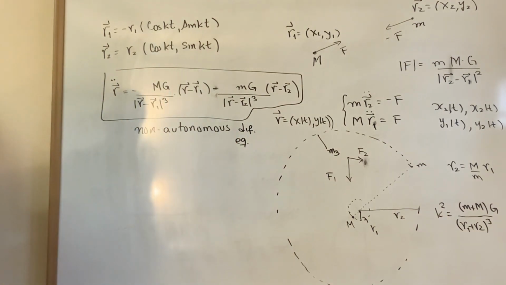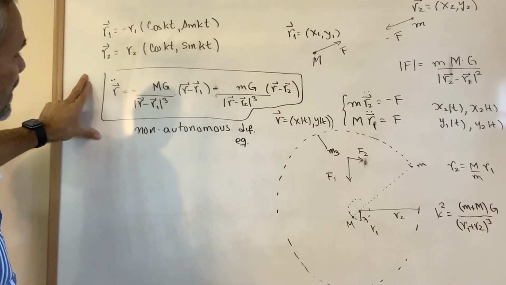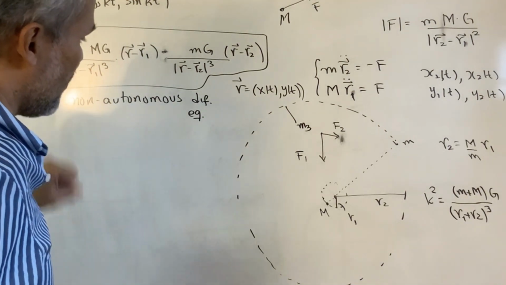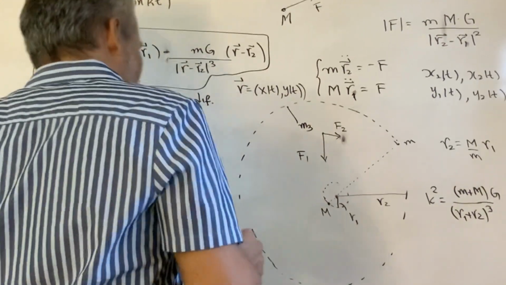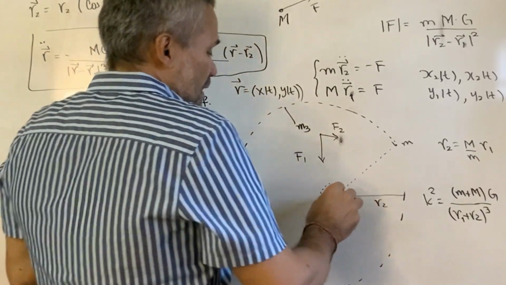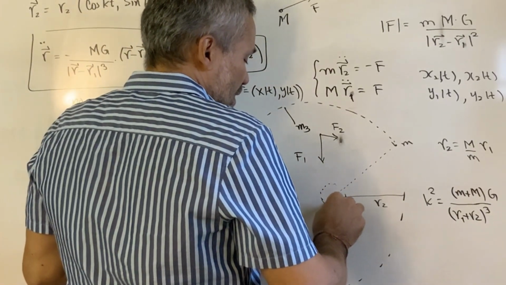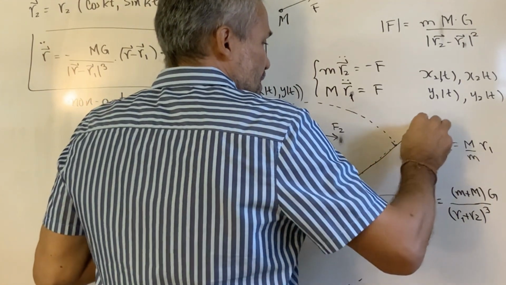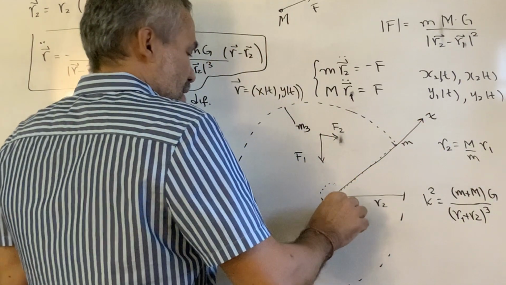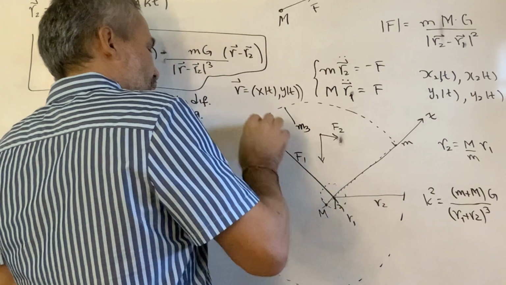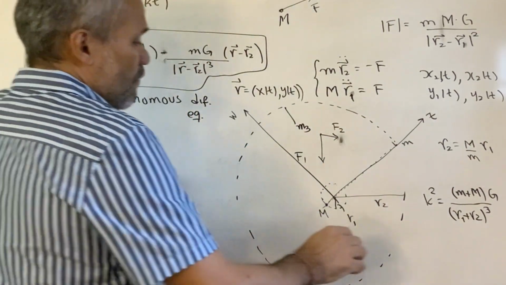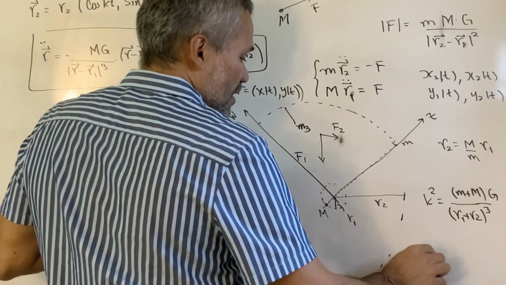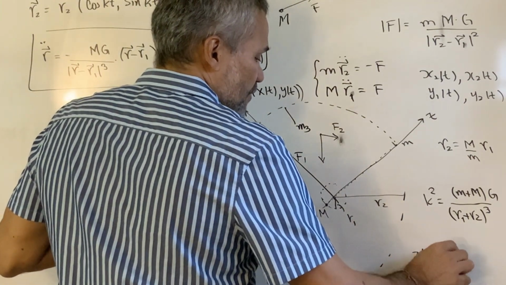In order to study this motion, it's better to do a change of variable. The change of variable that we're going to do is we're going to change the system of reference so that our c-axis is this. This is the c-axis, and this is the w-axis. And then we're going to be thinking about two functions, c of t and w of t.